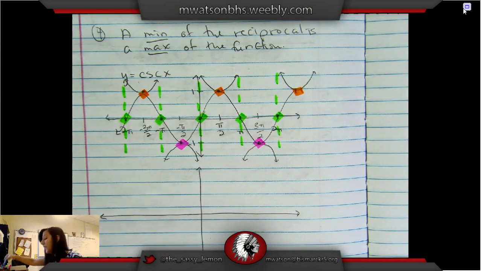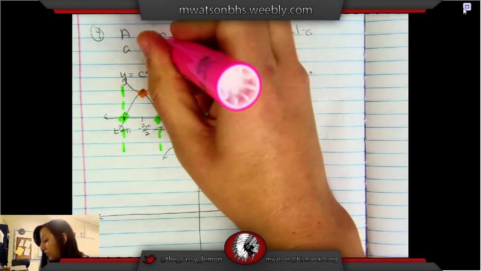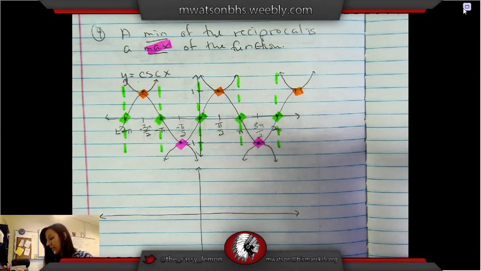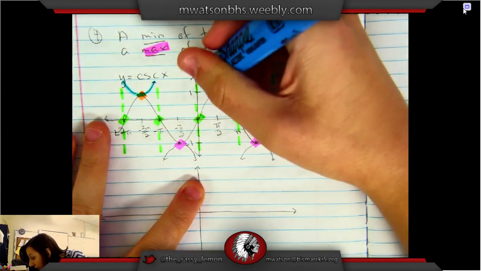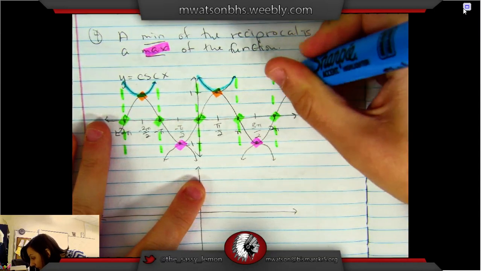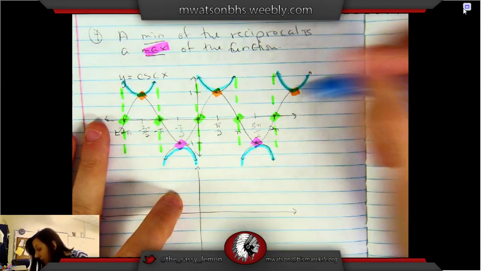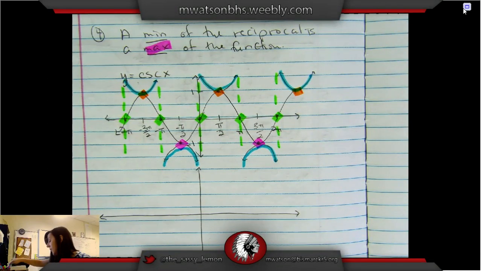So, to make this clear, because now I've got highlighting all over the place, it kind of looks confusing. Our actual function is going to be this blue here. And see how they stay within the asymptotes? So the blue is our function.